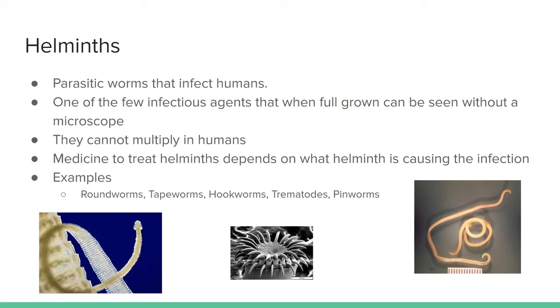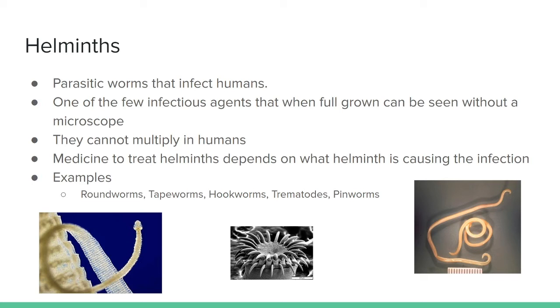So they grow and live in humans, but they can't make more of themselves inside humans. They typically find a way to get their eggs out and hope that their eggs end up infecting somebody else. The medicine to treat helminths depends on which one you have that is causing the infection.